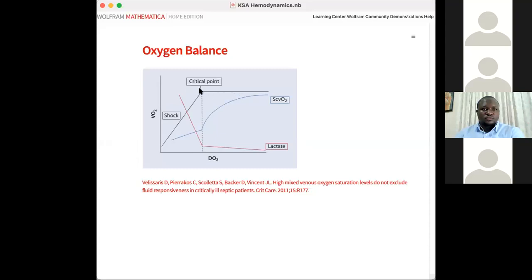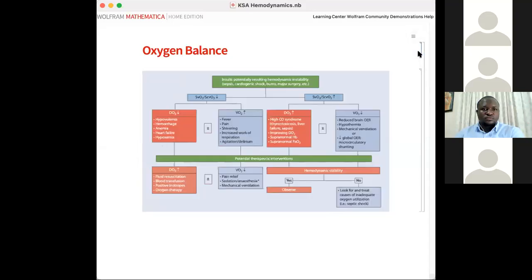But it reaches a point whereby when your oxygen delivery goes further, your oxygen consumption becomes dependent on that oxygen delivery. Before this point, oxygen consumption is independent of your oxygen delivery. The point where oxygen consumption becomes dependent on oxygen delivery is a critical point, and that's when you see a significant reduction in your central venous saturation and a marked increase in your lactate. At this point, you're encroaching on your oxygen reserve.